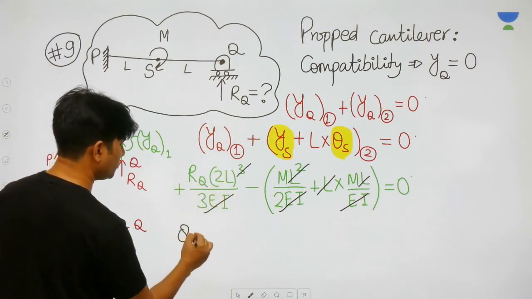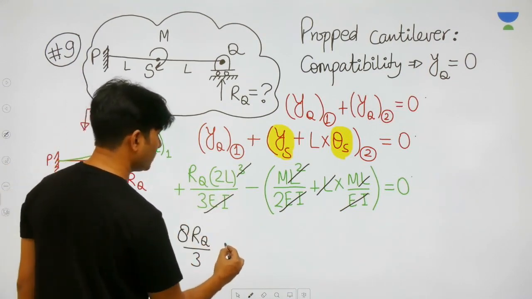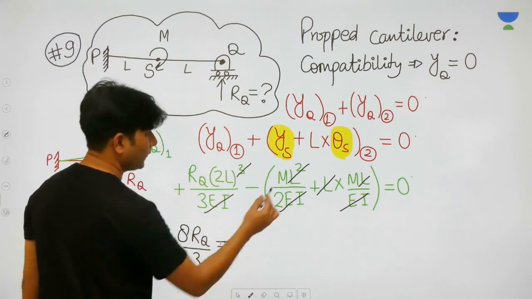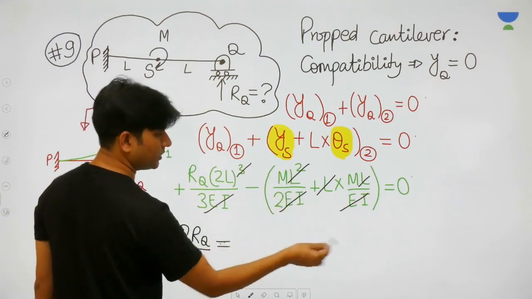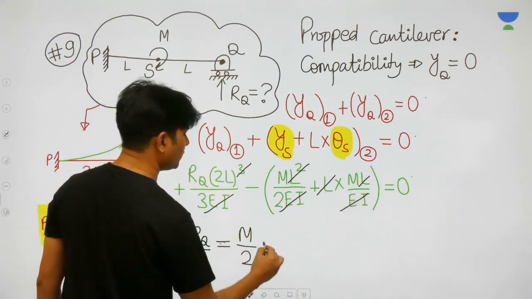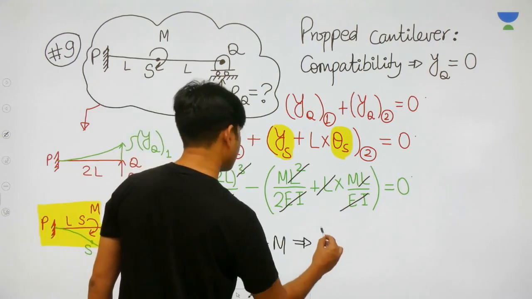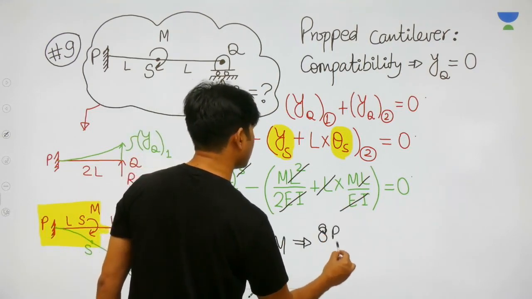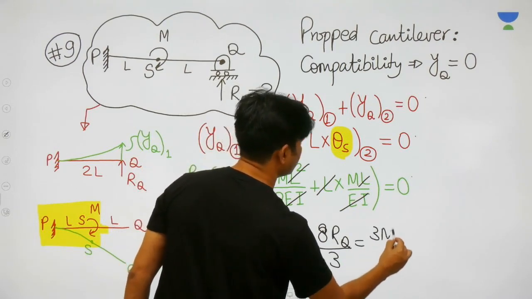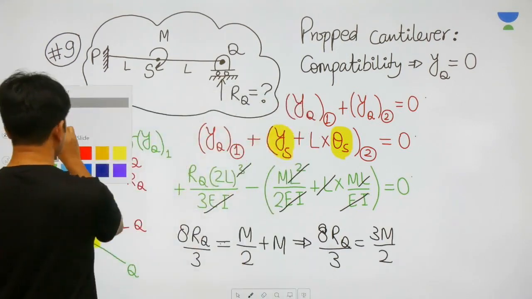Now what is left? We have 2 cube, which is 8. RQ divided by 3 is left here, and the remaining thing is minus, so we can take it to that side. L square and EI are anyway cancelled, so we are left with m by 2, and we are left with m. This is nothing but 3m by 2, so we get 8RQ divided by 3 is equal to 3m by 2.